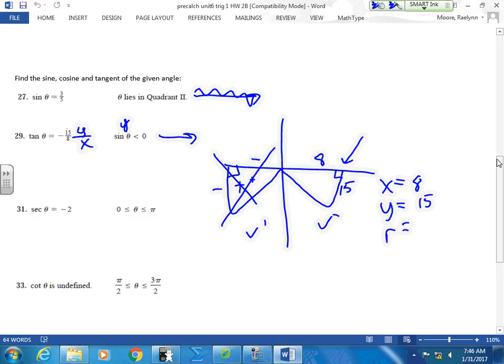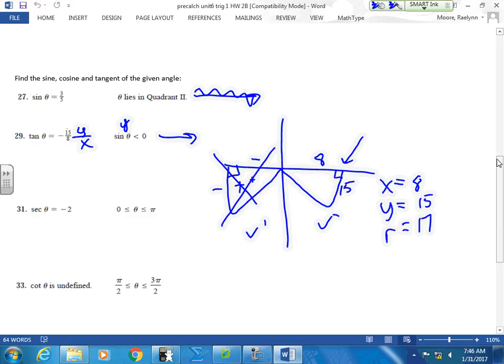First, find the r. Find me r. We'll worry about the negative in a minute. What do we get?